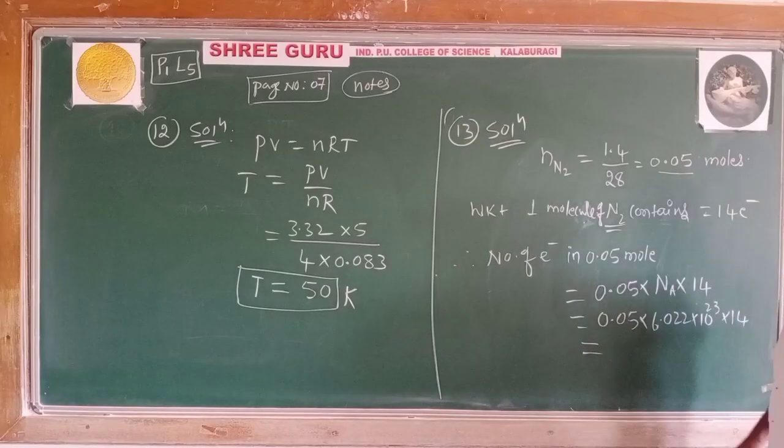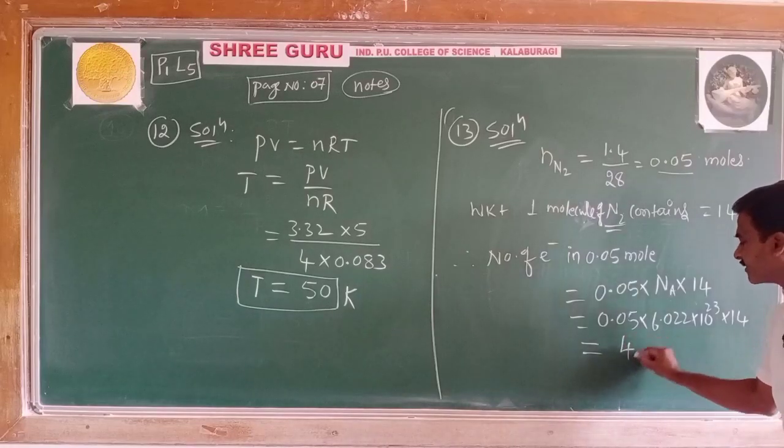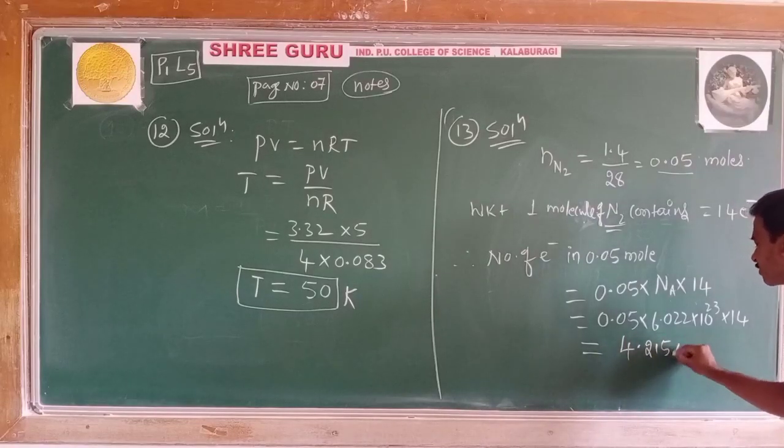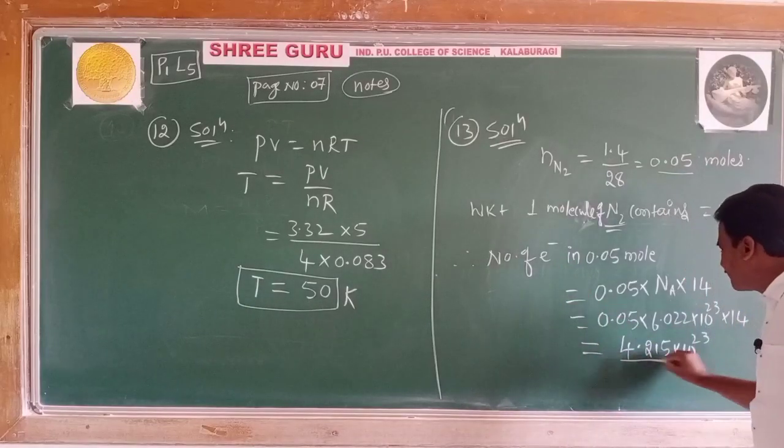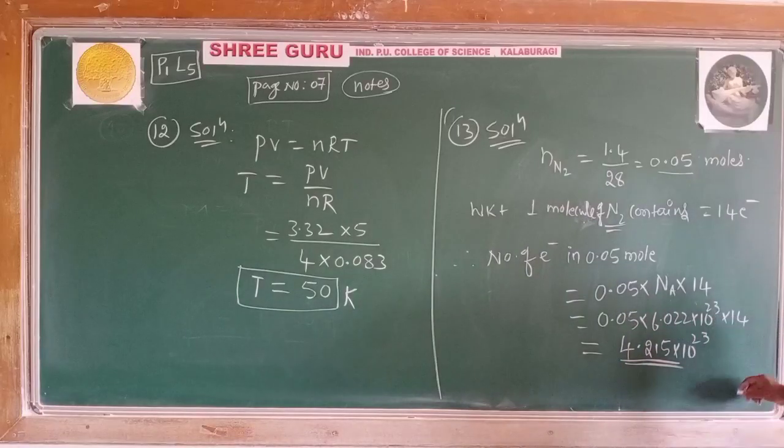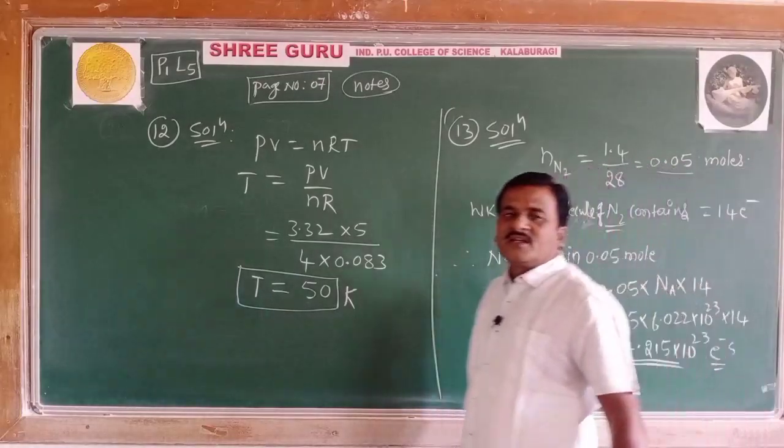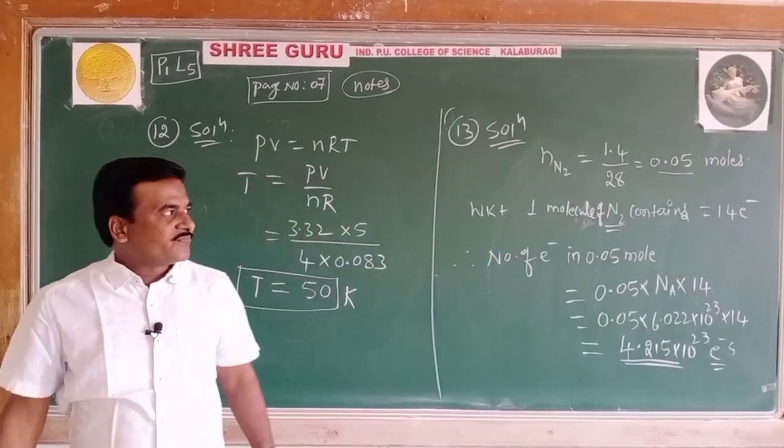This, on solving, I have answered directly here. On solving this, you will get an answer of 4.215 into 10 to the power 23 number of electrons. These number of electrons you get in the 1.4 gram of dinitrogen gas.